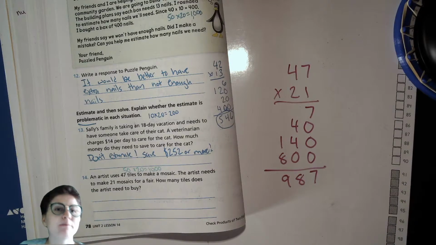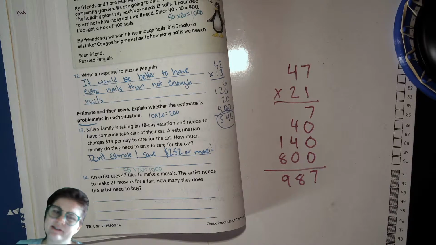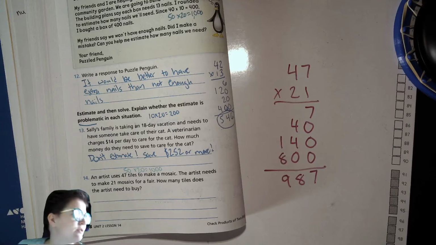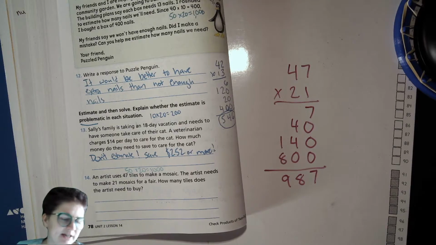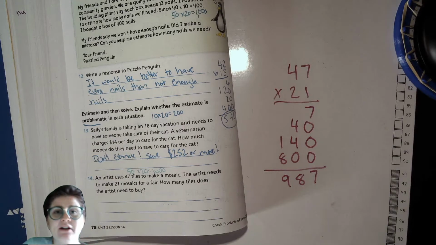Now, would that be a problem? It depends. How much do these tiles cost? If they're like a couple cents each, that's not a huge deal, probably. Have a little extra, you know, you might want to change how they're broken in the mosaic. If they're like $10 each, then you probably don't want to overestimate, right?